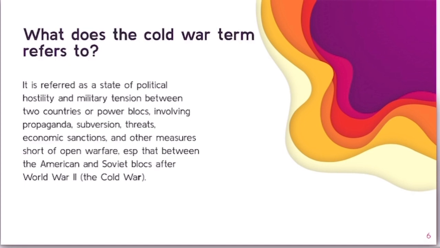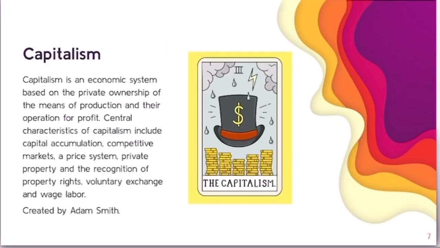So, as we know, this was a political tension between these two countries that were the leaders of the world at that time, and they wanted to know who was the best by fighting, but not physically, just with atomic weapons.